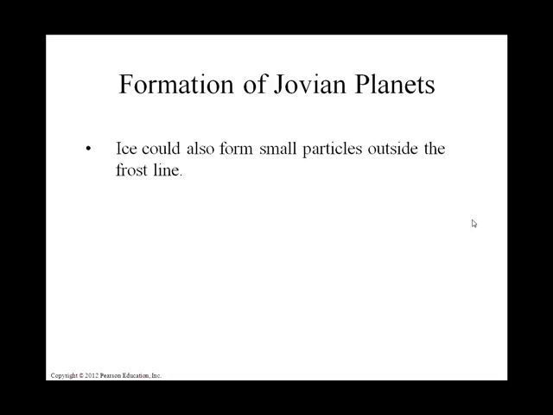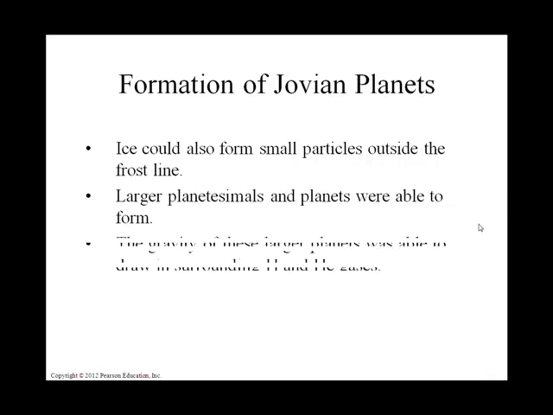Okay, so that was the inner planets, terrestrial planets. The Jovian planets, or the outer planets, are kind of similar, but remember now on the other side of the frost line, we can have condensation of these hydrogen-containing compounds like water, methane, and ammonia.